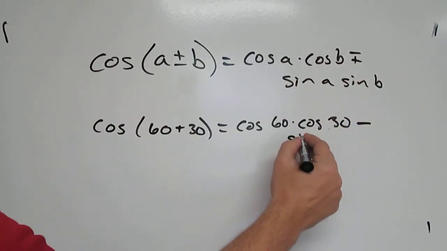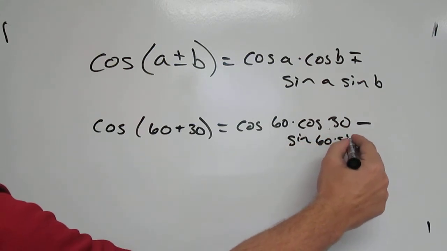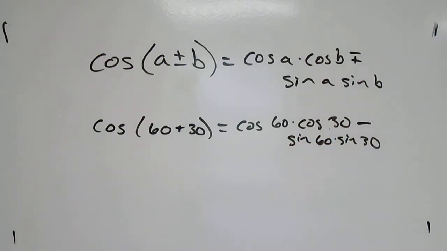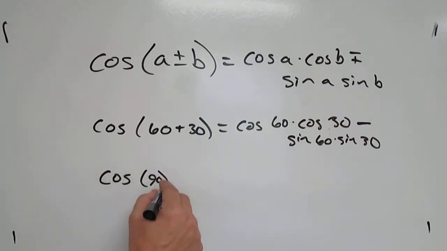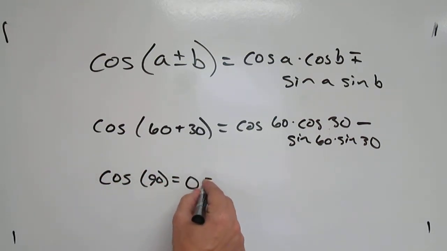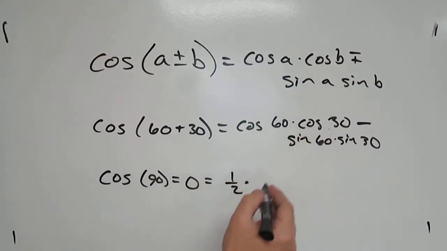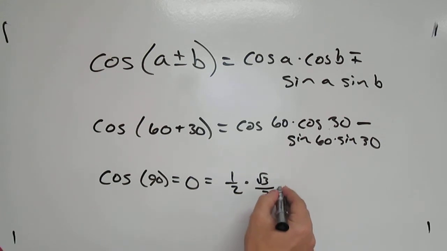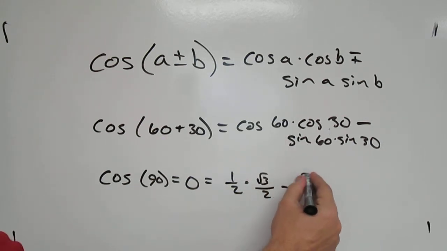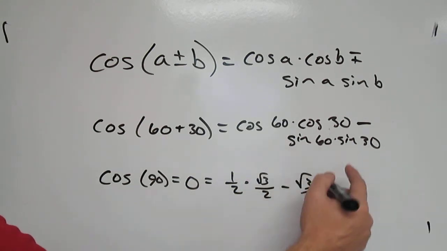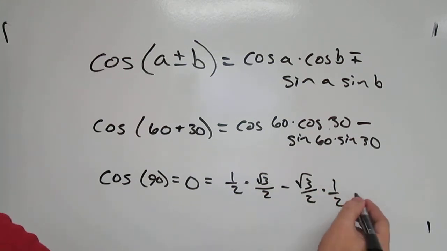And then I would say the sine of 60 times the sine of 30. And so this is going to be the same as the cosine of 90, which we know is equal to 0. The cosine of 60 is 1/2. The cosine of 30 is square root of 3 over 2. The sine of 60 is square root of 3 over 2. And the sine of 30 is equal to 1/2.